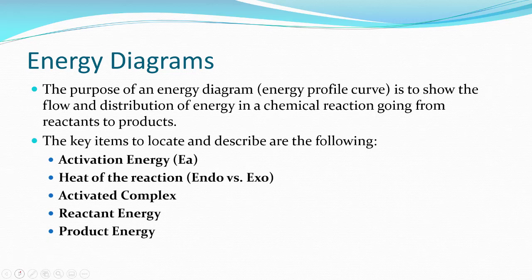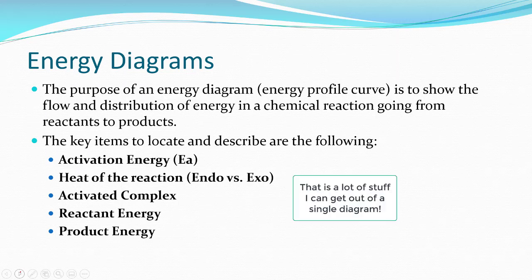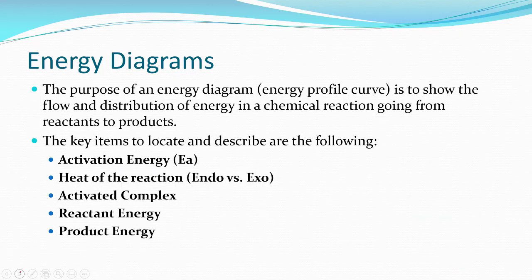We can get the activation energy. We can figure out whether the reaction is endo or exothermic. We can look at it to know what the activated complex is, meaning the point at which the bonds are breaking apart and new bonds are forming so that we can form product. And we can figure out how much energy the reactants start with and how much energy the products end with.